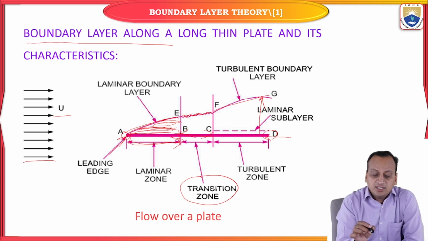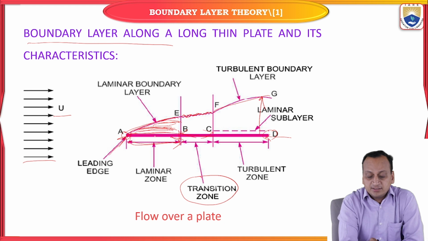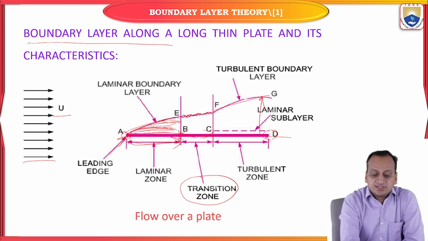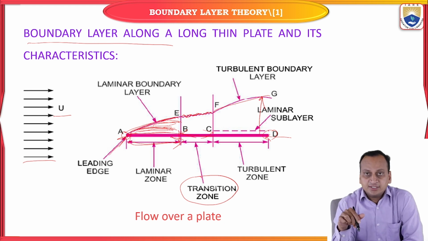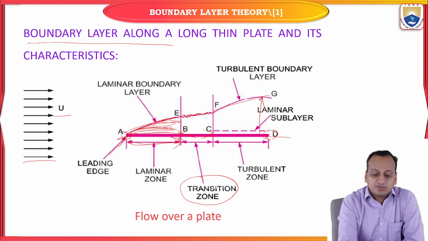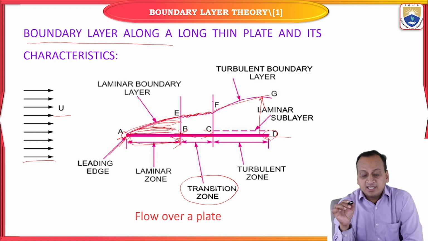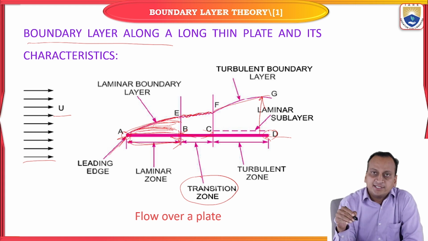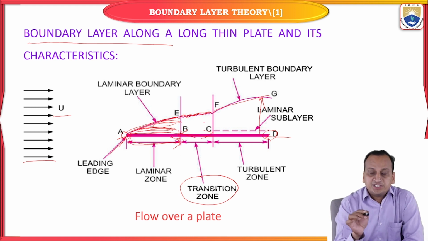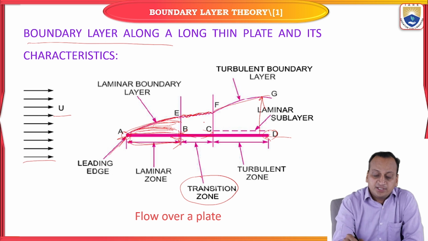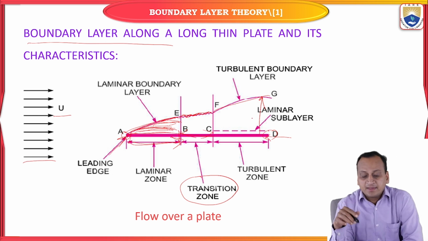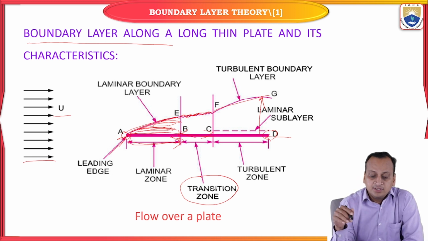In laminar flow, if you compare with this turbulent flow, the thickness is less in magnitude. Similarly, in the transition zone, where laminar characteristics are transforming into turbulent, it gradually increases, but in turbulent flow there is a rapid increase in boundary layer formation due to the increased velocity.